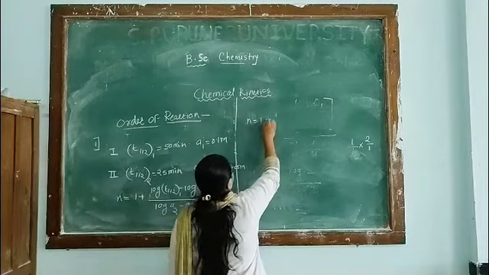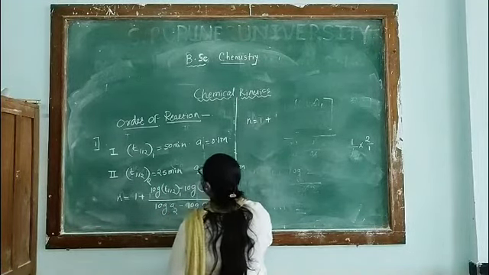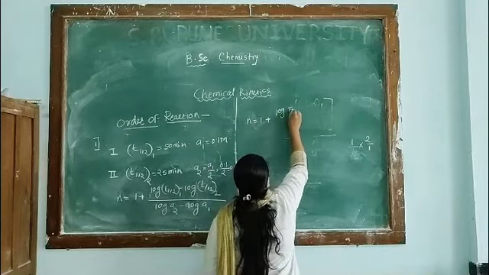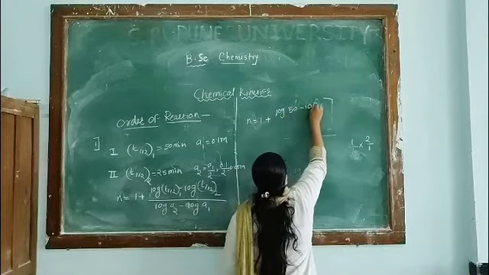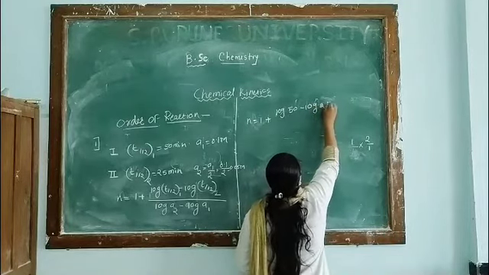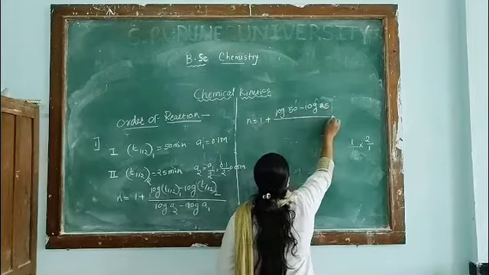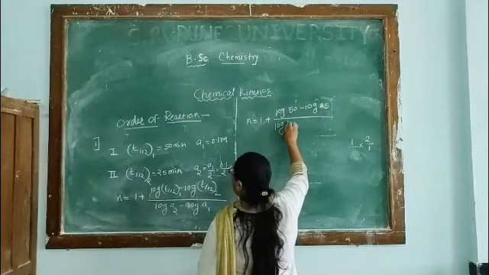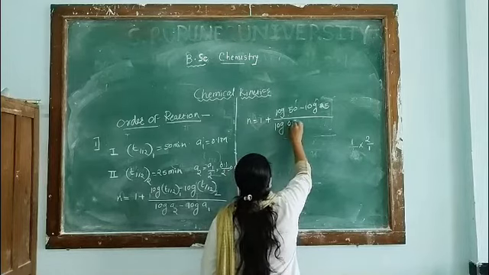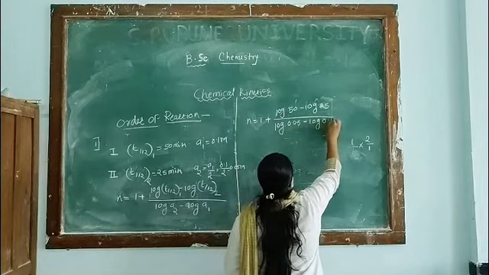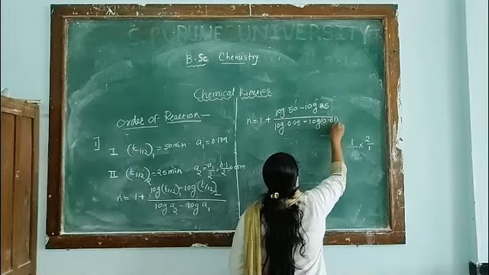N is equal to 1 plus, now what is T half 1? It is 50. So log of 50 minus log of T half 2, 25 minutes, so log of 25, divided by log of A2, which is 0.05, minus log of A1, that is 0.1.